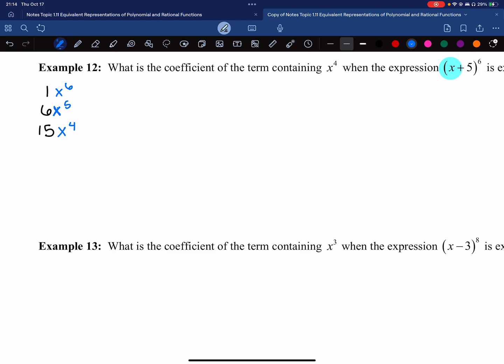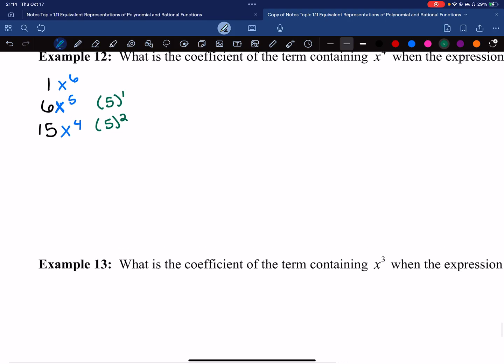So if we're thinking about the second term, a plus 5, it would start with no 5, and then 5 to the first, and then 5 to the second. And so for this one, you will need to use your calculator to help you out. So you should have one available to you.